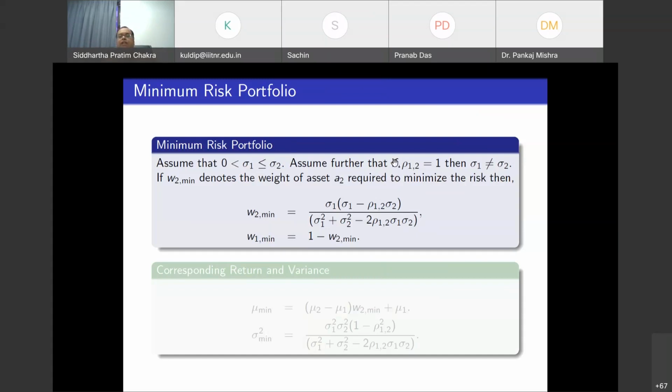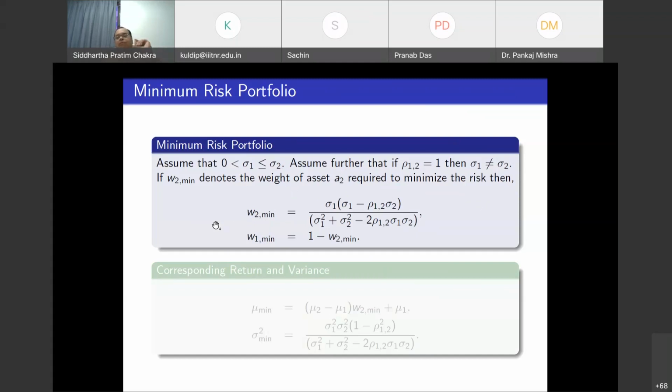Assuming further that if rho 1 2 equal to 1, then sigma 1 not equal to sigma 2. So on top of it, we assume that sigma 1 less than or equal to sigma 2, but the equality will not hold if rho 1 2 equal to 1. So those are the cases that will be dealt with separately.